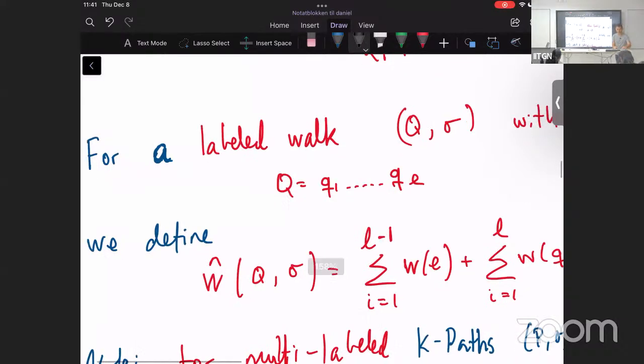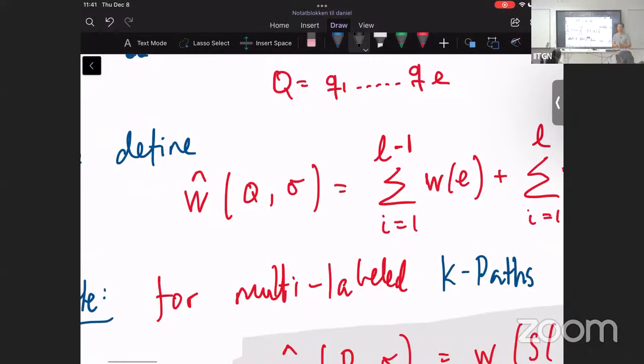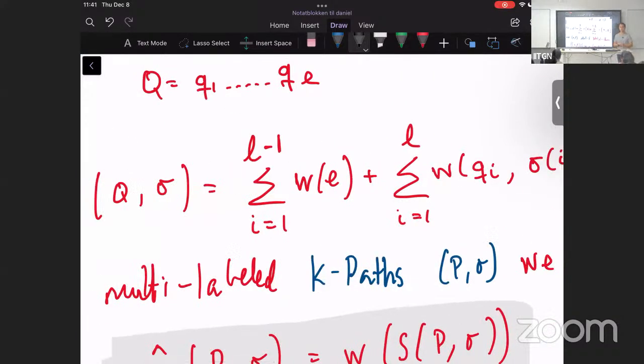So if Q sigma is a labeled walk, not necessarily multi-labeled, that only uses the labels from 1 through k, then I will define the weight of that walk to be simply the sum of all of the edges used in the walk.